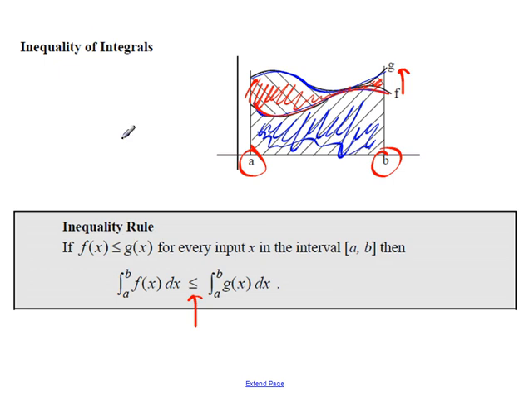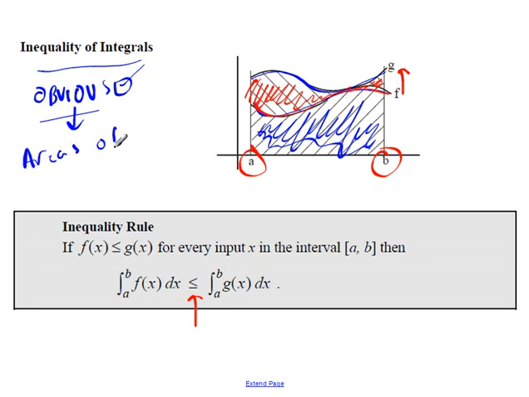Now, while this seems obvious to many, hopefully to you, it's going to be a key rule or idea that we use when we're finding areas of regions, and we're going to be doing that in the next couple of videos, I think in 3 videos. So while this is kind of an obvious idea, we're going to be using this theory later on.